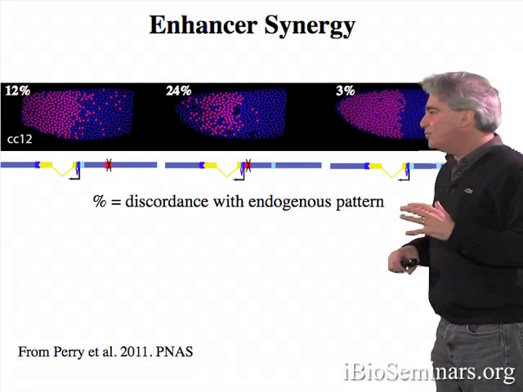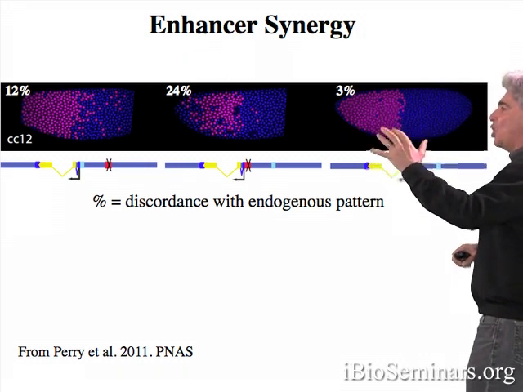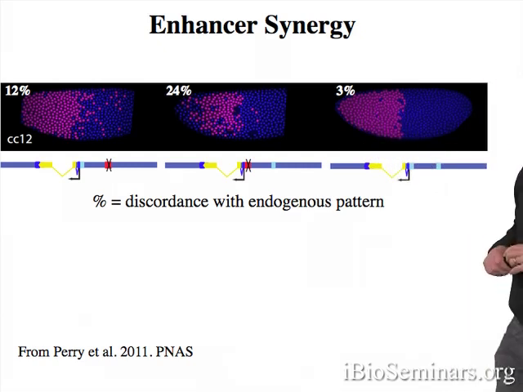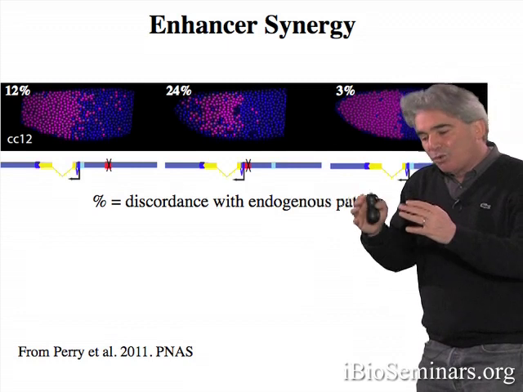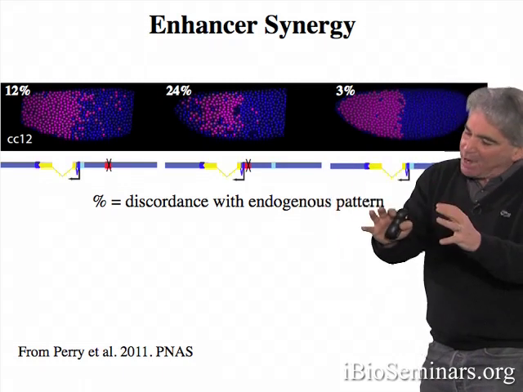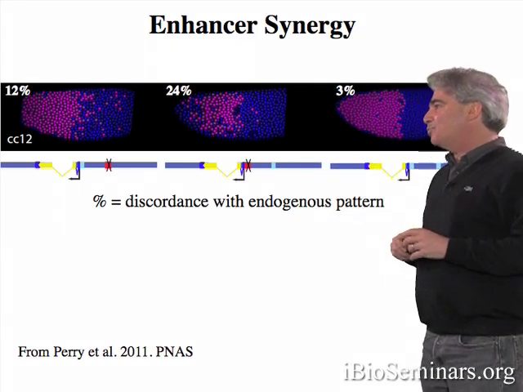However, with two enhancers, as seen on the right, you get a much more faithful pattern of expression, homogeneous activation, and a fairly sharp posterior border. And those numbers on top refer to the discordance between the expression pattern produced by the transgene and the endogenous hunchback expression pattern.